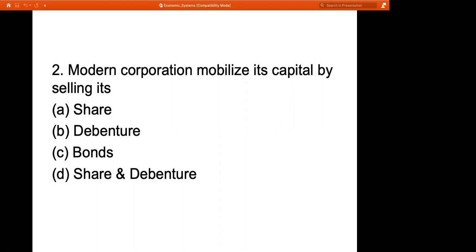Debentures are instruments, like securities, given by companies to a buyer of the debenture. Suppose they raise 1 lakh amount of debentures, the person who buys it is entitled to be paid a certain amount by the company for his debentures, just like interest, but not exactly interest. These debentures come into play. So the option for this is share and debenture.